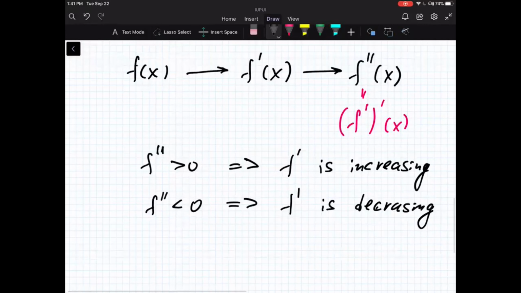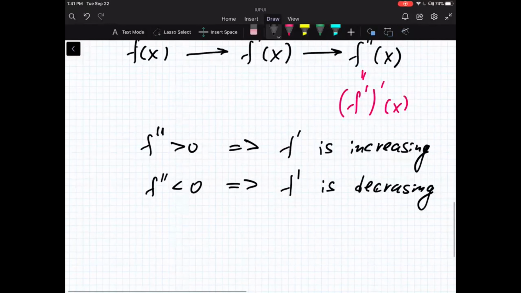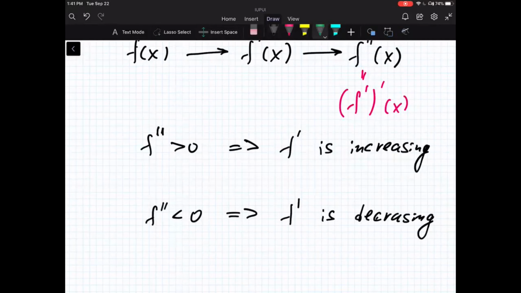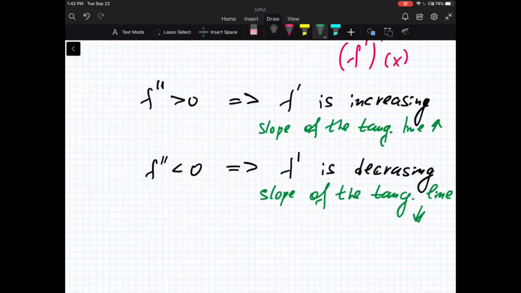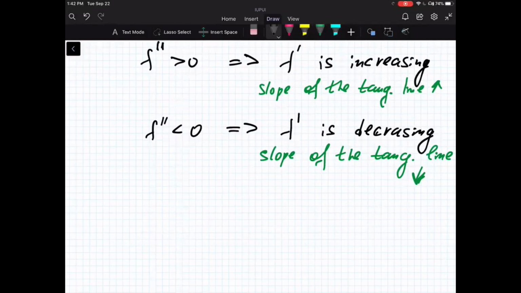But we remember that f prime at some point gives me the slope of the tangent line. So in other words, I can say that the slope of the tangent line is increasing, or in this case, the slope of the tangent line is decreasing.